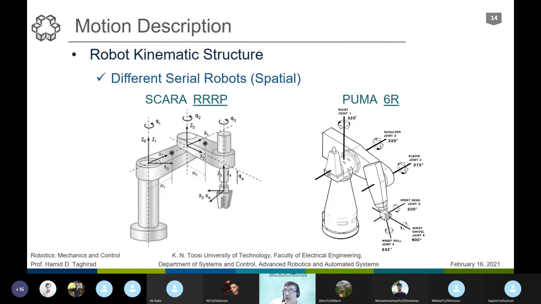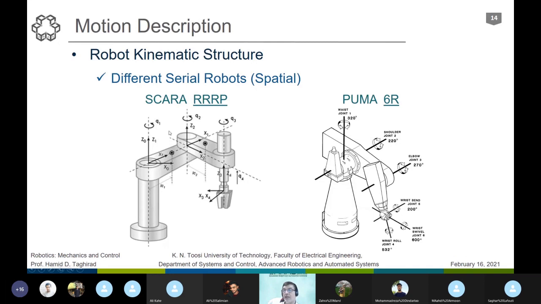So we have an R here, as you see, an R here, another R here, 3 R's, and to go and pick something or place it somewhere else, we have a prismatic joint. So we have an RRRP structure. We call it Scara. Of course, we can have different RRRPs depending on the direction in which these rotational axes are composed with each other.